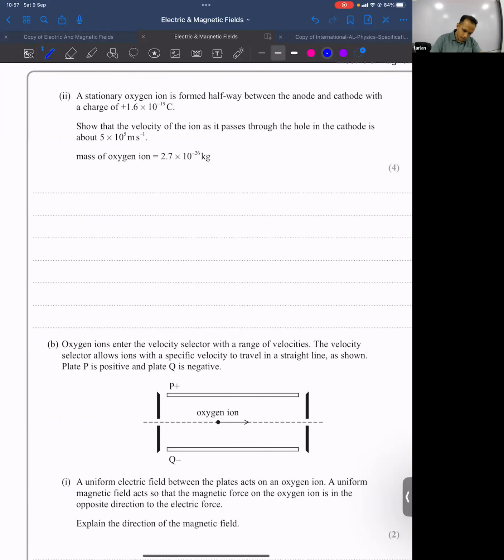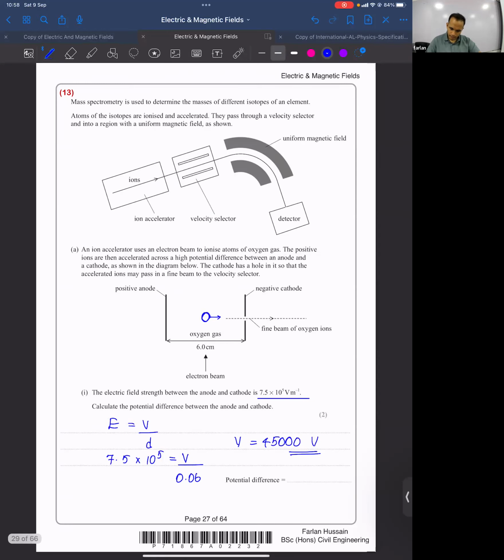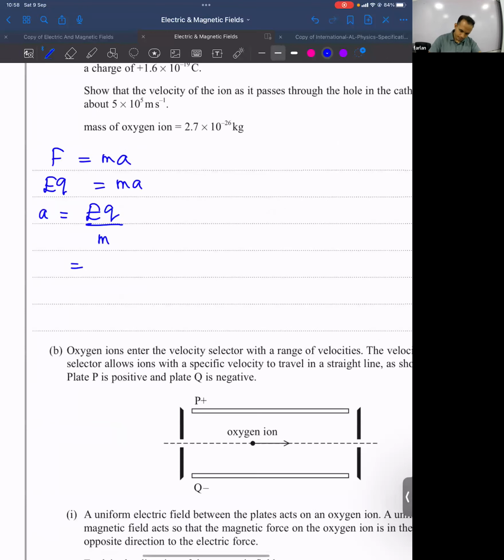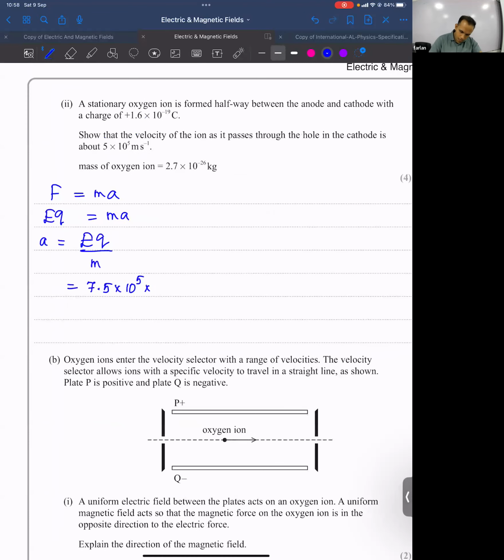If I use F equals ma for the particle, F is EQ, M into A. So A equals EQ over M. Acceleration equals E, which is 7.5 × 10^5, into the charge 1.6 × 10^-19, over the mass 2.7 × 10^-26.